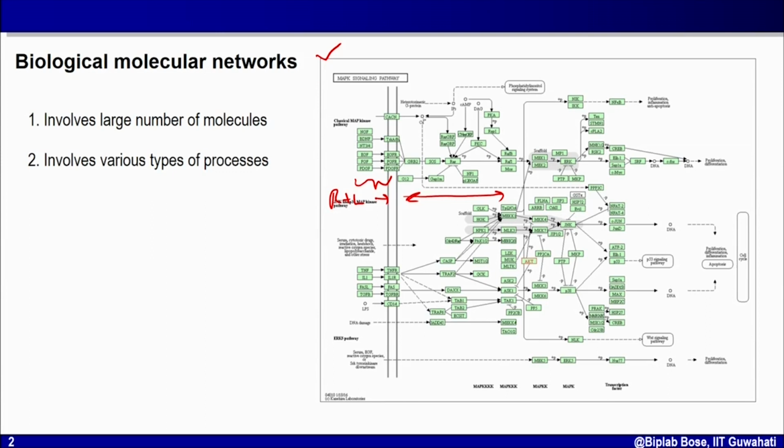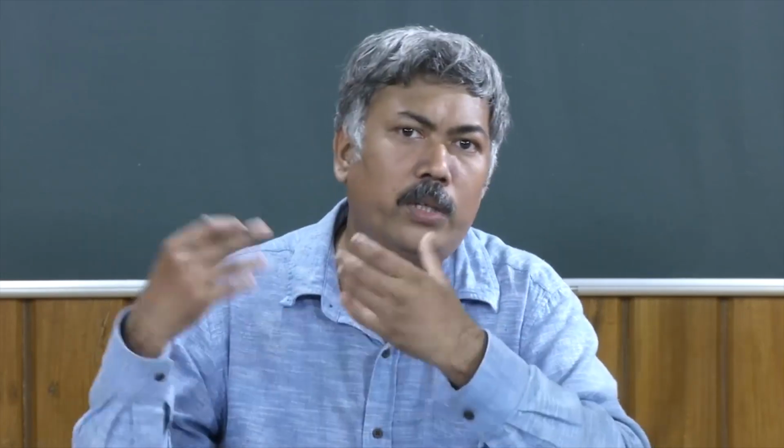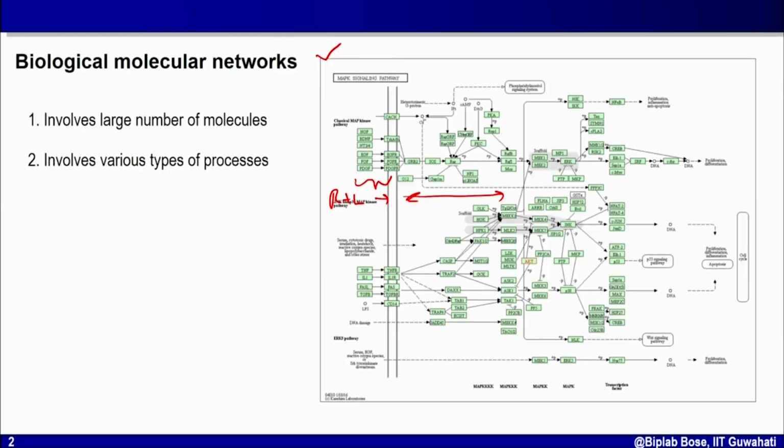So in phosphokinase pathways, one molecule gets activated and becomes a kinase enzyme, it goes and phosphorylates another molecule, that molecule becomes phosphorylated and is again an active kinase now. So you have a cascade of events happening. So these are phosphokinase cascades, if I say it simply.